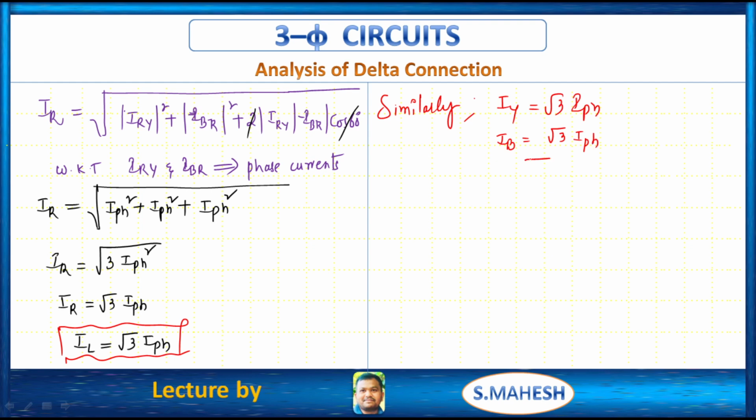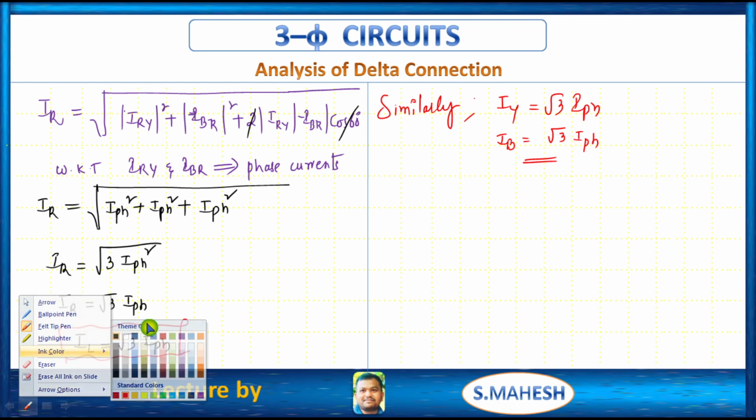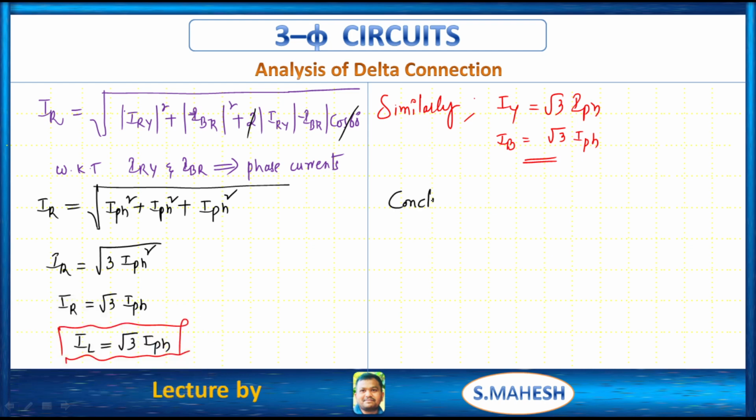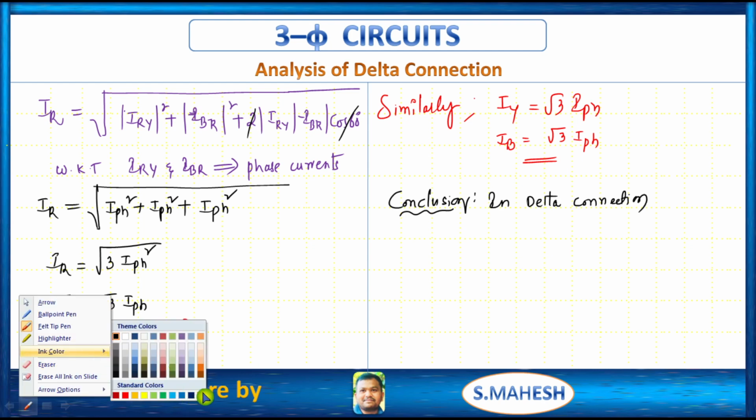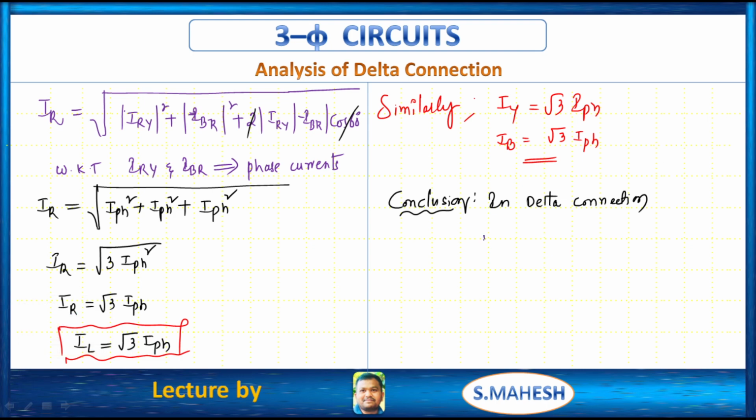Okay. So, a conclusion. What is that conclusion? In delta connection, VL which is equals to V phase, IL which is equals to root 3 I phase.